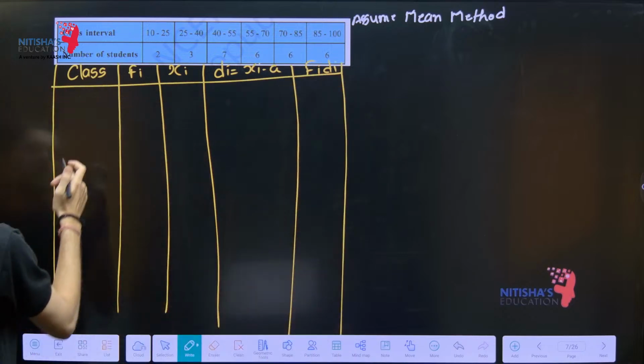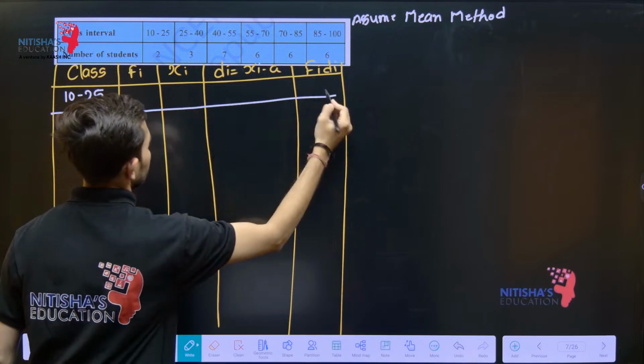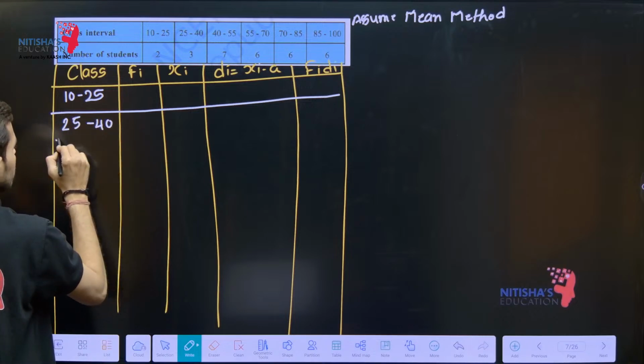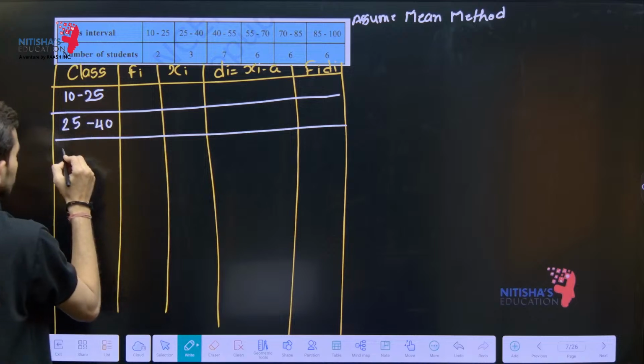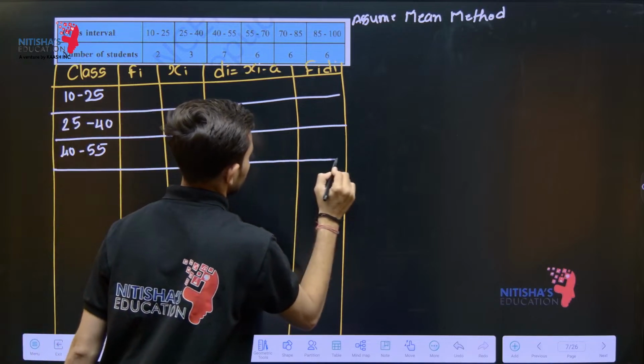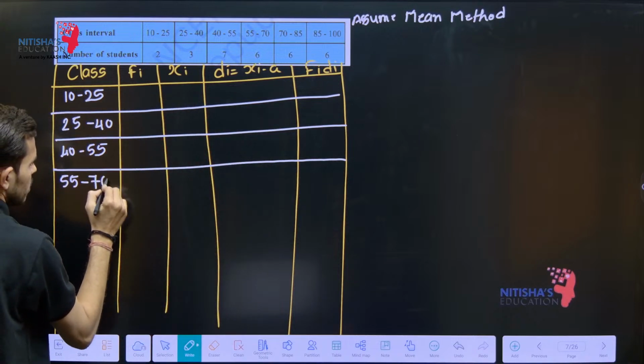Okay. So the first class is 10 to 25. Second class is 25 to 40. Third class is 40 to 55. Then 55 to 70.